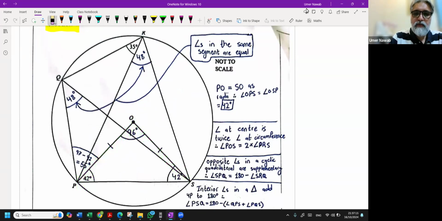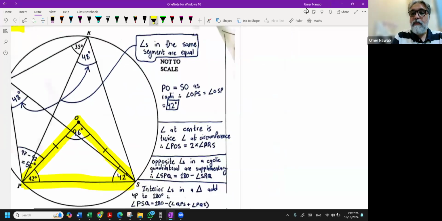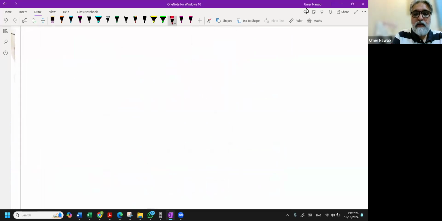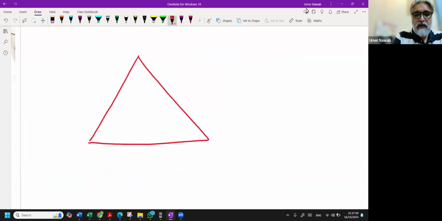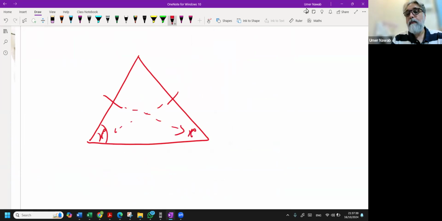The guy has given you the radius, so when I complete the triangle, it is an isosceles triangle. And we remember the famous property of the isosceles triangle: if two sides are equal, their opposite angles are also equal. So I'm going to use that.